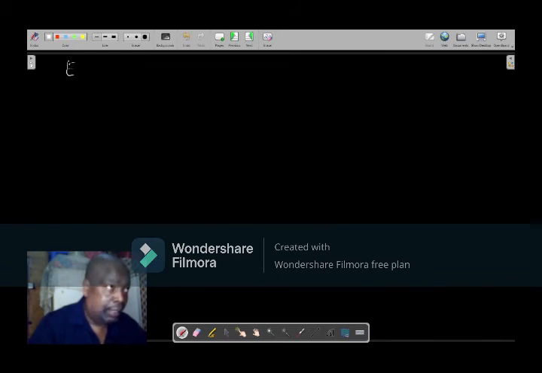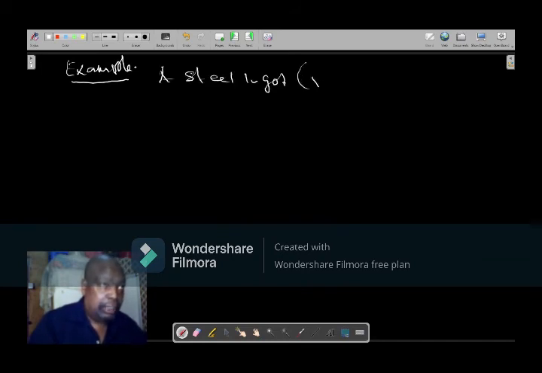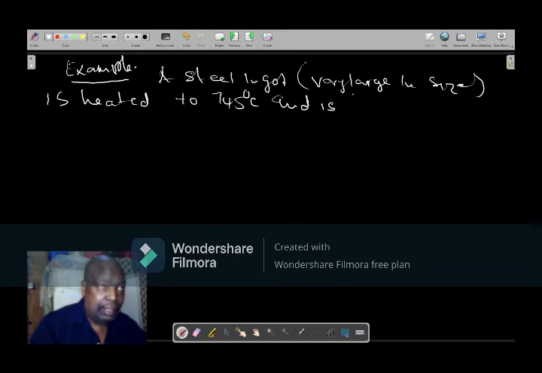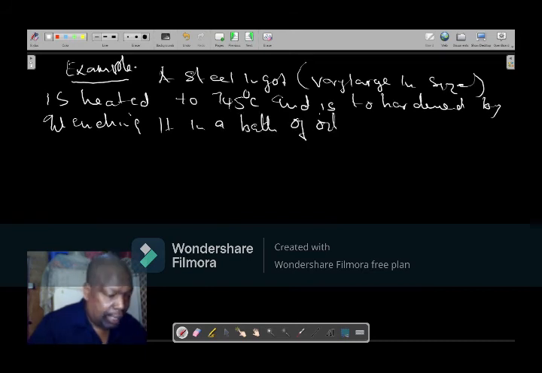We have an example here that reads: a steel ingot, very large in size, is heated to 745 degrees C, and it is to be hardened by quenching it in a bath of oil at 20 degrees.